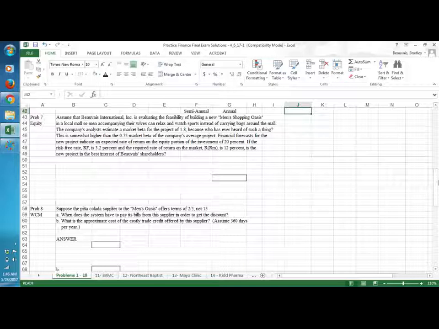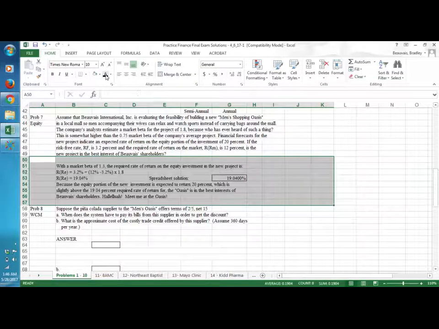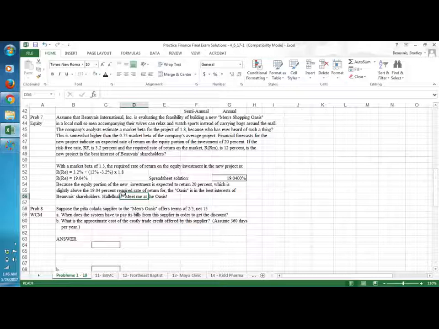This is an idea that came to mind as I was walking around the mall with my wife some time ago, and hopefully would get me out of the role of carrying around bags while my wife and daughter shopped. Now, not unlike some of the problems we've seen before, here we're again applying the capital asset pricing model.